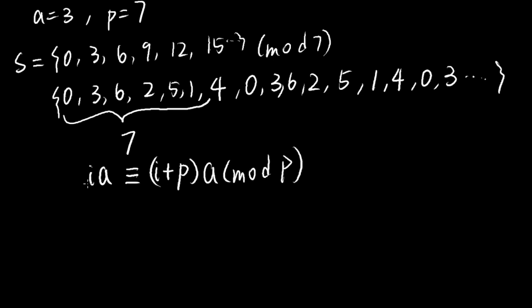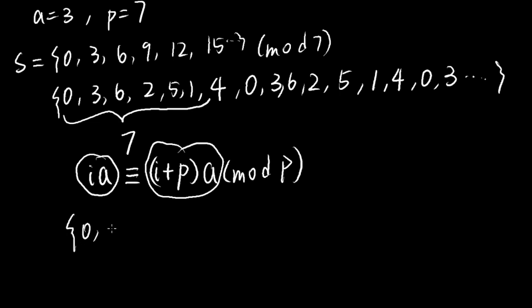It means that the i-th element equals the (i plus p)-th element, which means that the sequence has a period of p. Now we can look at the first p elements.